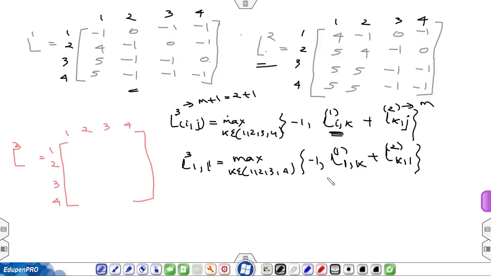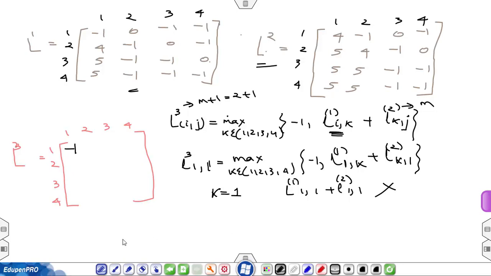So L of 1 comma k plus L of k comma 1 you have to perform for different values of k. Starting from k equal to 1, check L of 1 comma k, it is negative. L of 1 comma 1 plus L of 1 comma 1, this is negative. L of 1 comma 1 of matrix 1 and this is of matrix 2, so invalid.